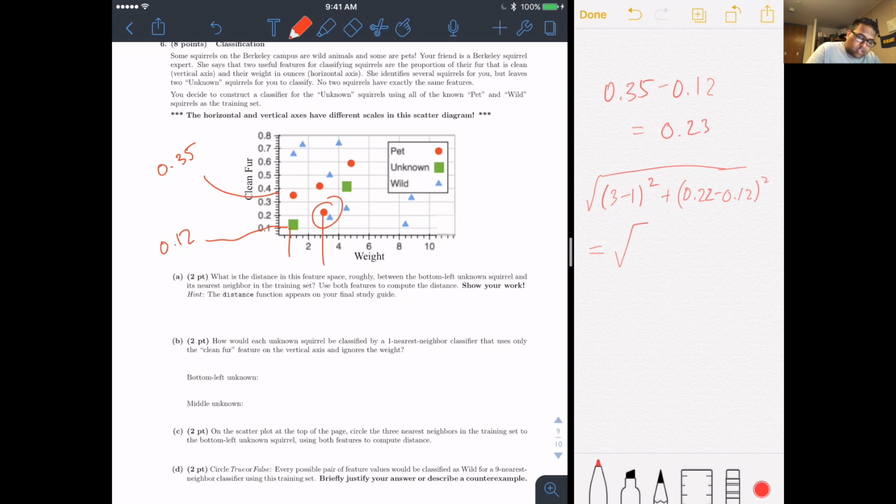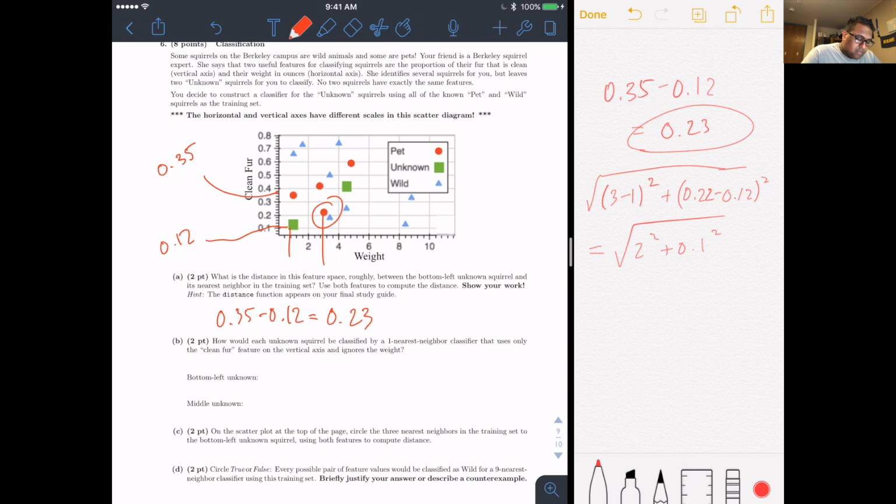So now we're going to have to find the square root of 2 squared plus 0.1 squared. And whatever that is, it's the square root of 4.01 or whatever. That's much greater than 0.23. And all the other points will have greater distance. So we'll say that the distance is 0.23.